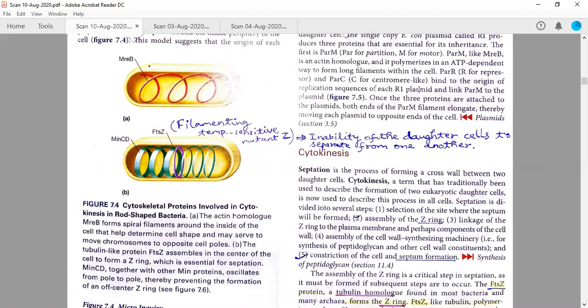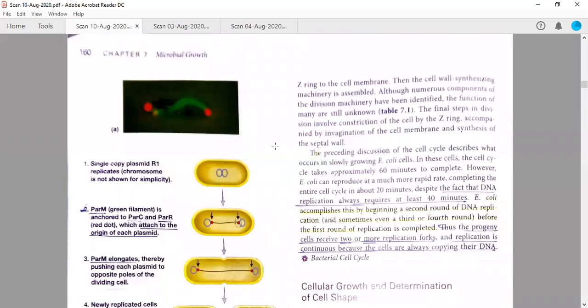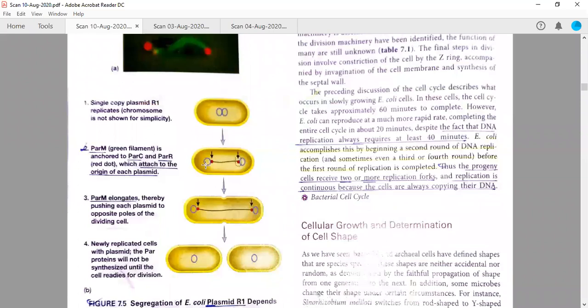Someone can ask me this question, and I have answered this: how do the R protein and C protein, which is a centromere-like protein, bind to the plasmid specifically? See here, these red dots bind to the two different plasmids.